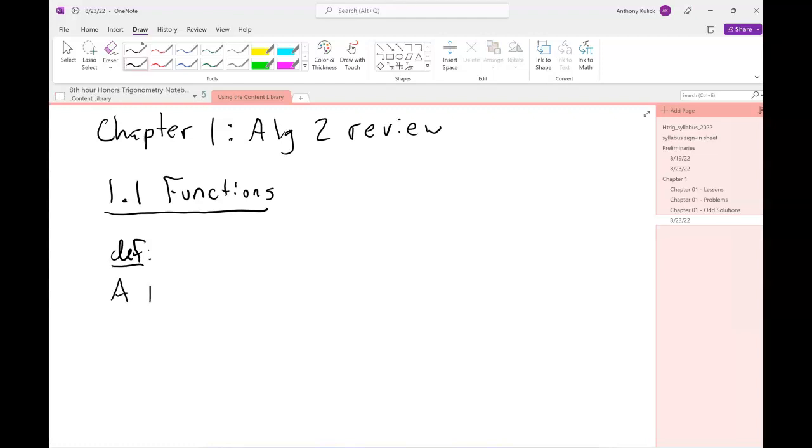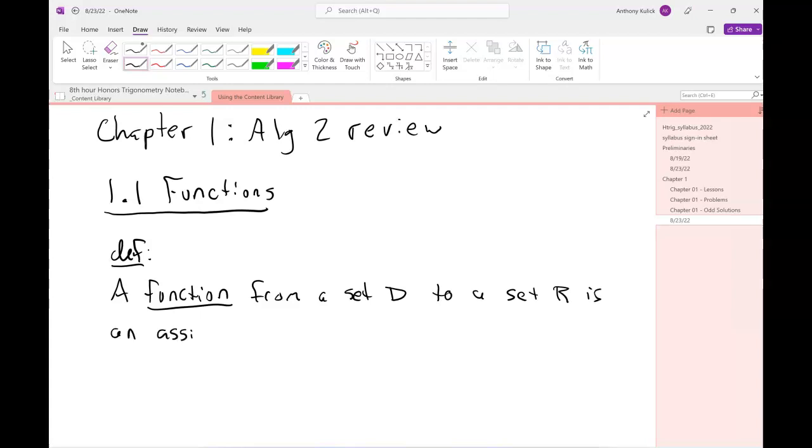So we'll say that a function from a set D to another set R is an assignment, or matching, or pairing, or mapping.